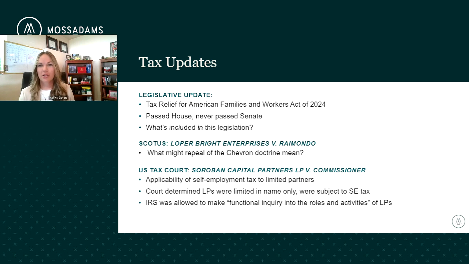General media has pitched this as the child tax credit, and I even had a pop-up yesterday that wanted me to read an article about that. But the broader implications here are for businesses.